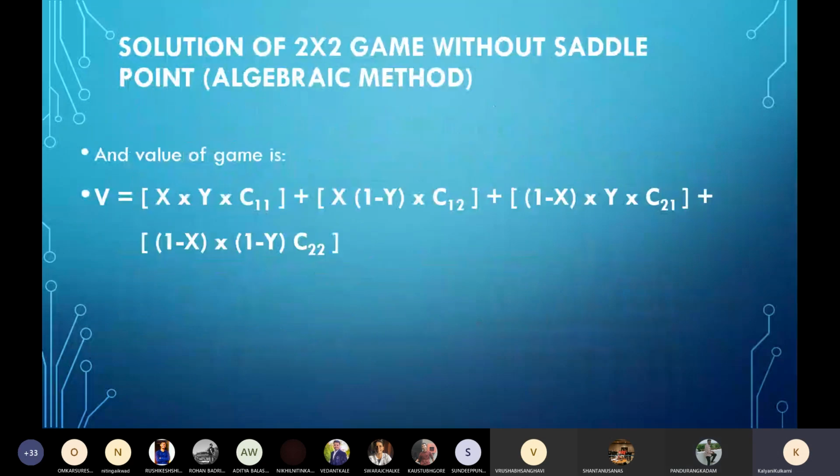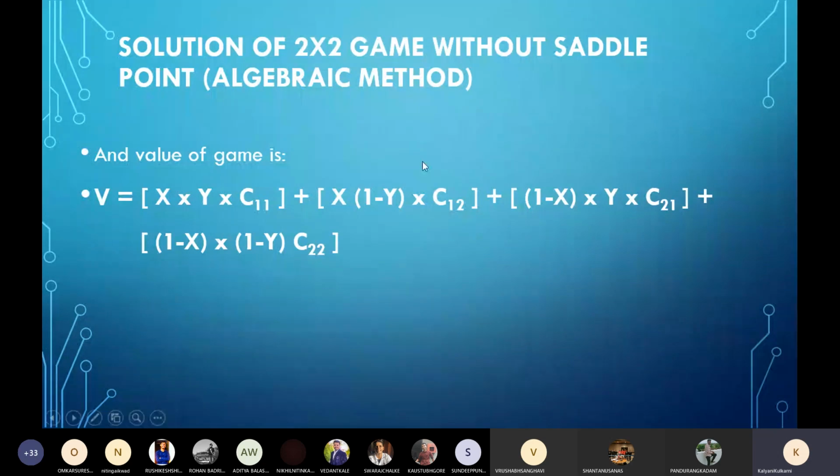Using the above values x, y, 1 minus x, 1 minus y, and the respective cell values, we get the value of game algebraically. It is known as an empirical equation. Write down this equation: xy into c11 plus x into 1 minus y into c12 plus 1 minus x into y into c21 plus 1 minus x into 1 minus y into c22.